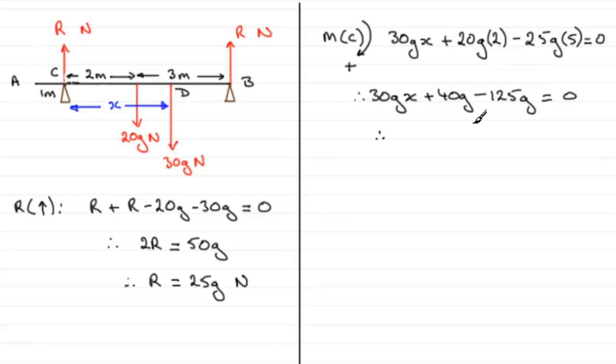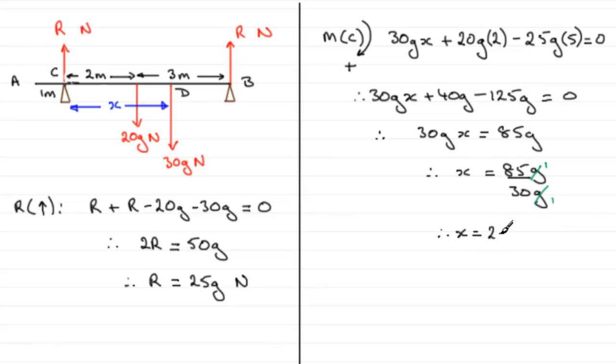So we can add 85g now to both sides, and you end up with 30gx equals 85g. Divide through by 30g, and you've got 85g over 30g, and you can see that the g's cancel, no need to work those out. 85 divided by 30 gives you x equals 2.83 recurring, or you could just write 2.333 and so on.